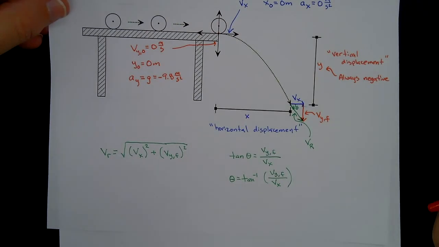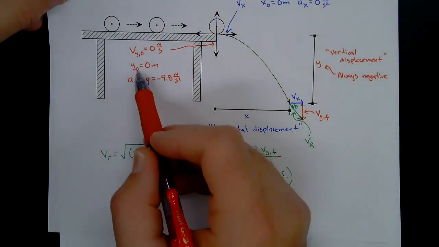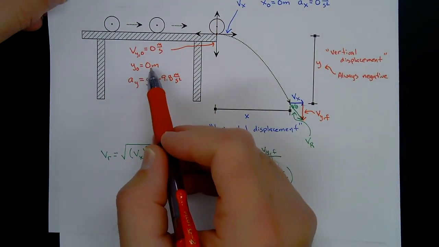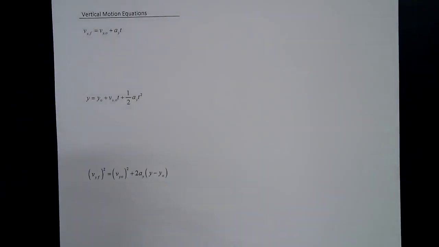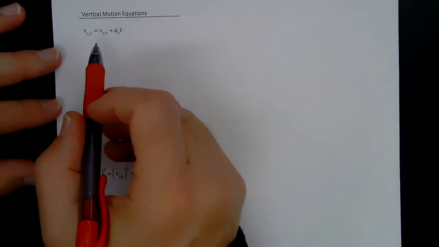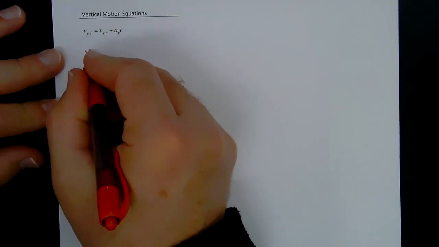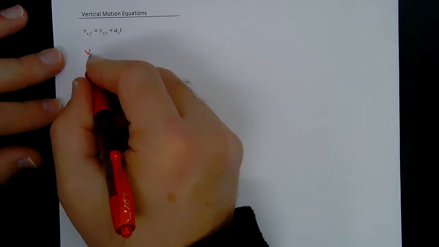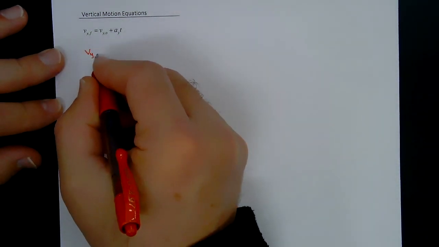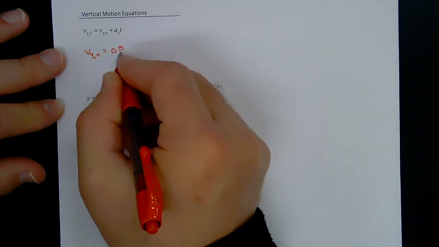All right, let's go to the next one. So vertically, we know the starting velocity is 0 and the starting position is also 0 meters, and a sub y is g. So right here, the initial velocity in the y direction, we know from that diagram and the demo that I showed you, that v sub y original is equal to 0 meters per second.